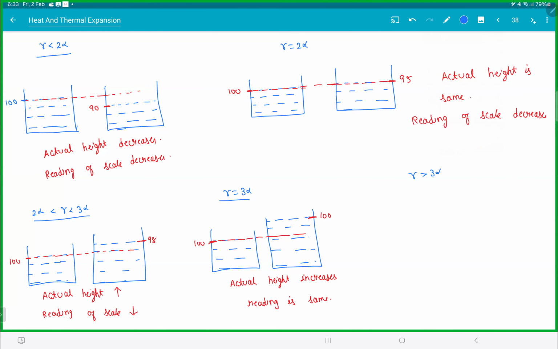If gamma is greater than 3 alpha, if this is 100, maybe this is, let's say, 105. The actual height increased, reading also increased. So now you tell me, if the liquid has to overflow, what is the condition?